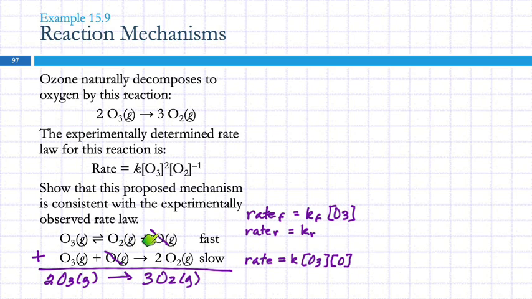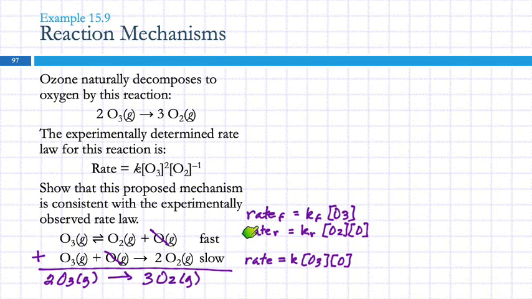Now we're going from the right to the left, and so this will be the concentration of O2 times the concentration of O. So everybody okay with where this came from?